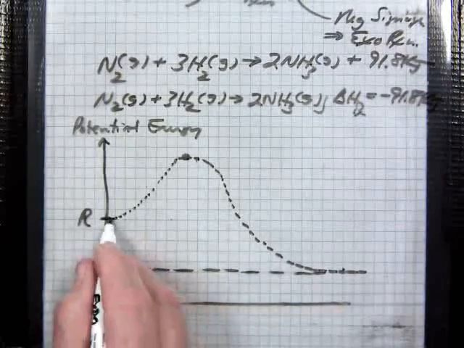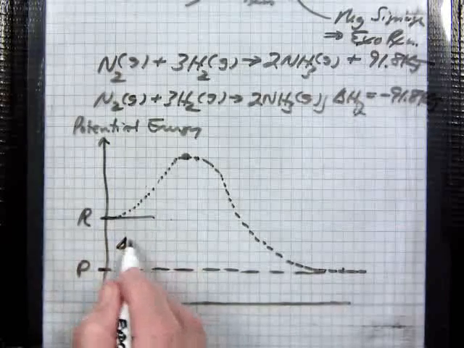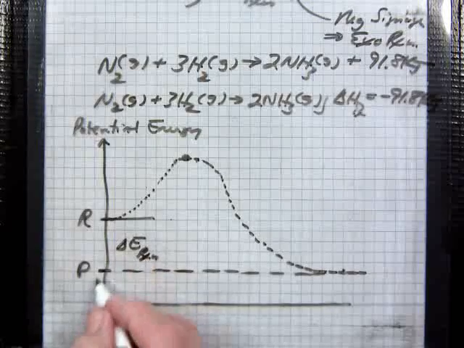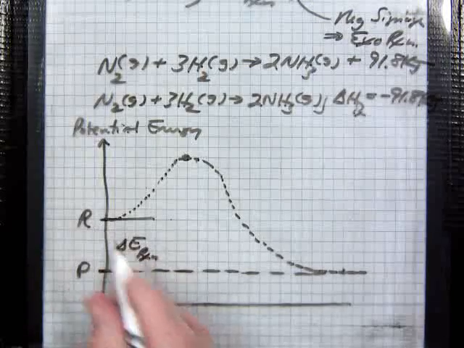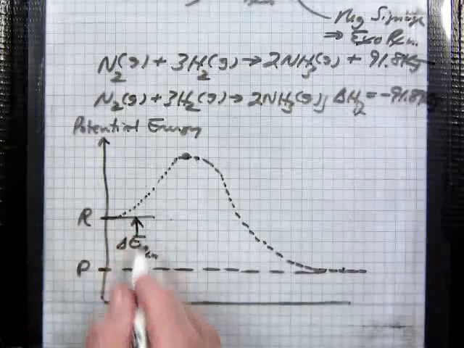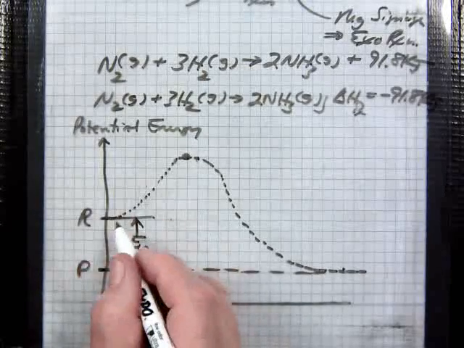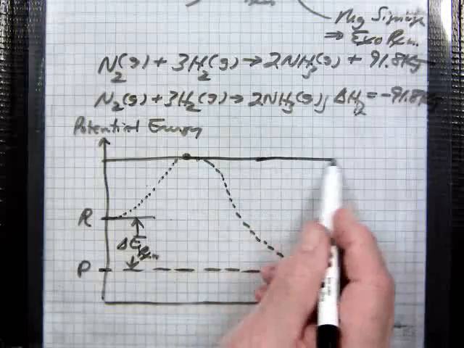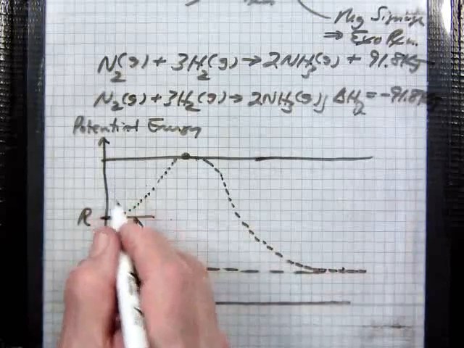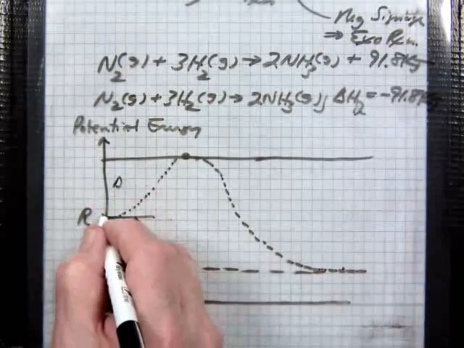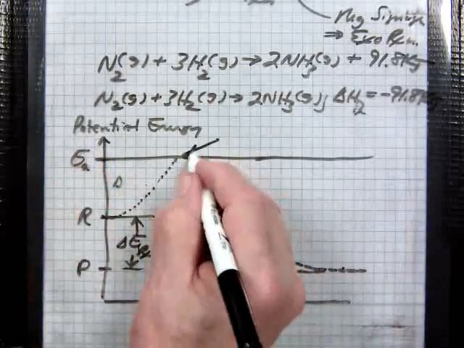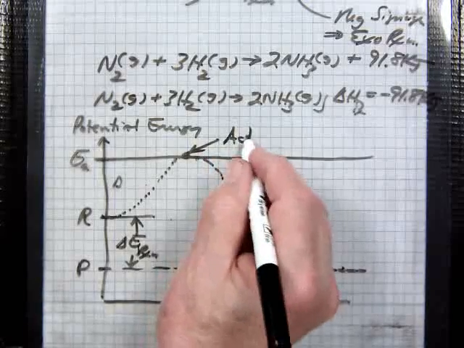So from this point to this point, delta E of reaction, which is the energy of the products minus energy of reactants, right here. Now, there are two other energy terms that you need to be aware of. The delta E for activation energy is the distance from here up to here, EA. This is where your activation complex occurs.